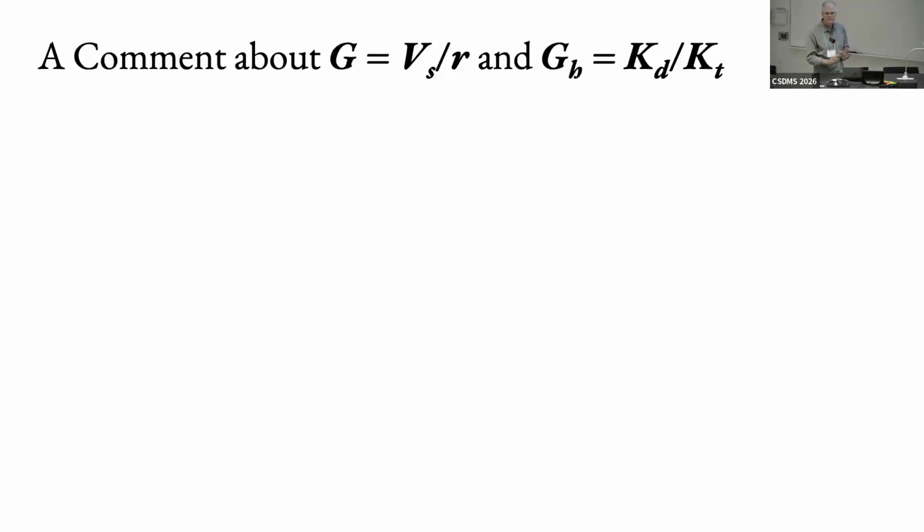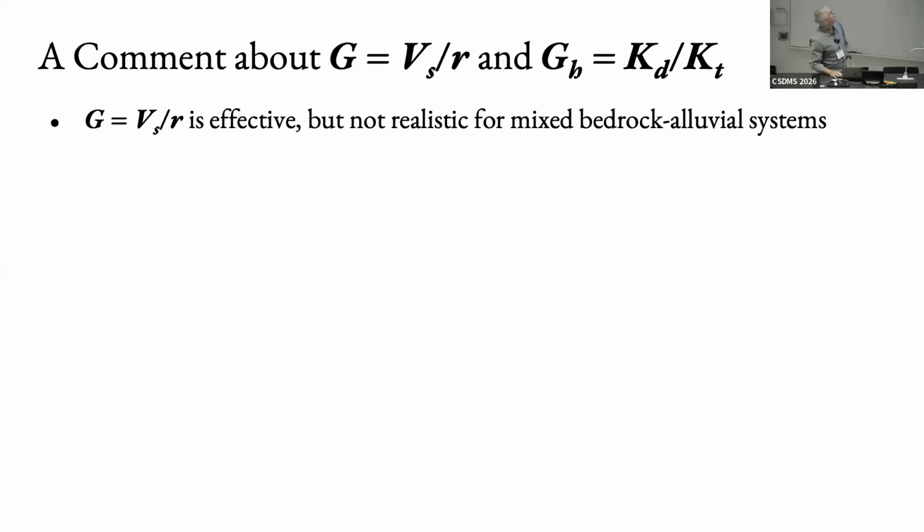I do want to start with just a comment on this slider. What controls that slider? In many of these models, it's the settling velocity of sediment divided by the rainfall rate, which is kind of nutty. I really have not been able to swallow this. It's an effective parameter because it does let you go from detachment limited to transport limited.